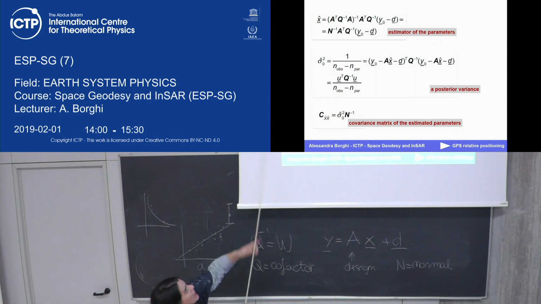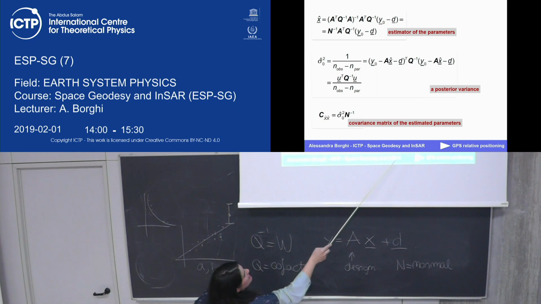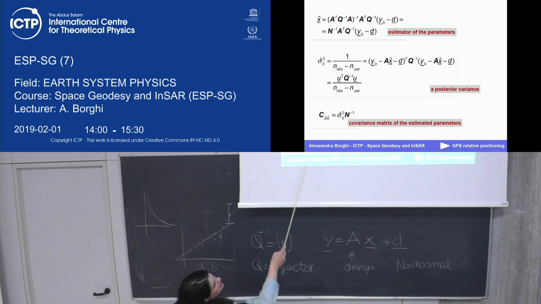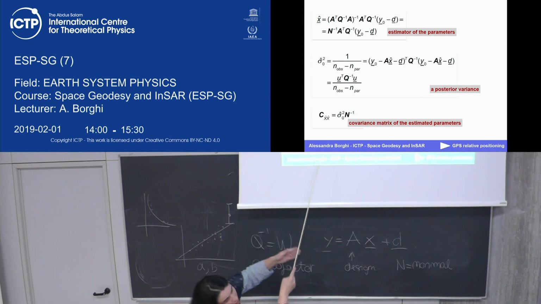So to compute the covariance matrix of the unknown parameters, we need to compute the a posteriori variance that is given by this relationship. Sorry, this is not equal, there is a mistake. All this relationship is over n, the number of observations, minus the number of parameters.